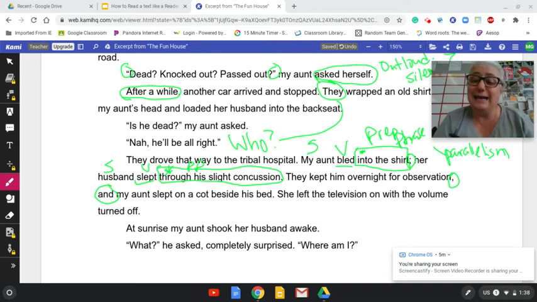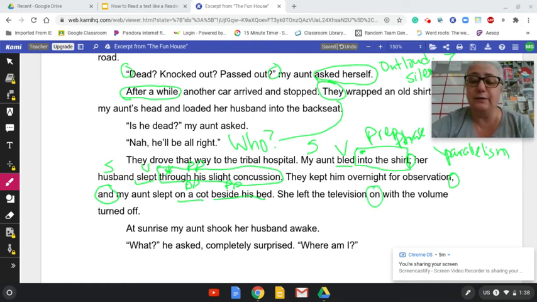"Overnight," that is an adverb. It tells us the time frame. And then "for observation" is our prepositional phrase. Whereas over here, we've got two prepositional phrases: "on a cot," "beside his bed." So not exactly the same pattern, but again, we've got two compound sentences, one right after the other. "She left the television on with the volume turned off."